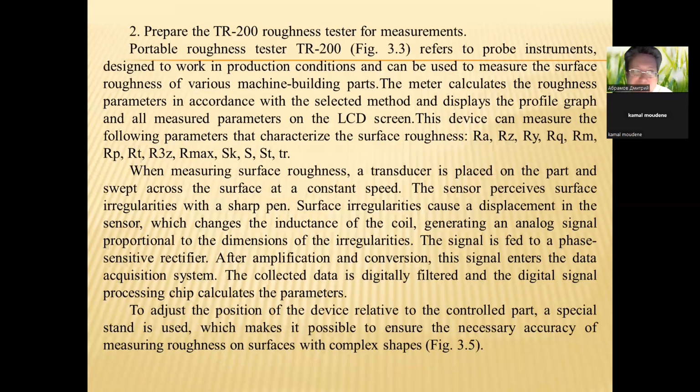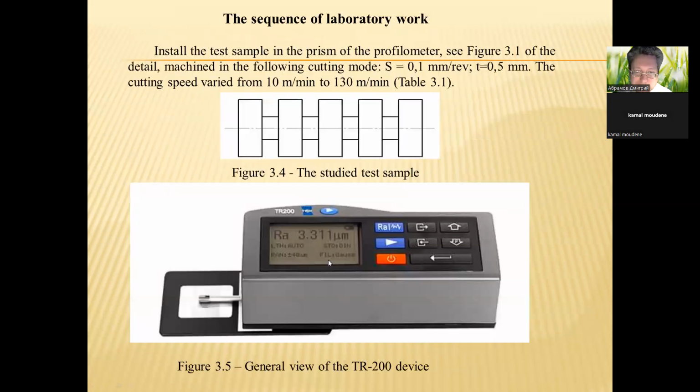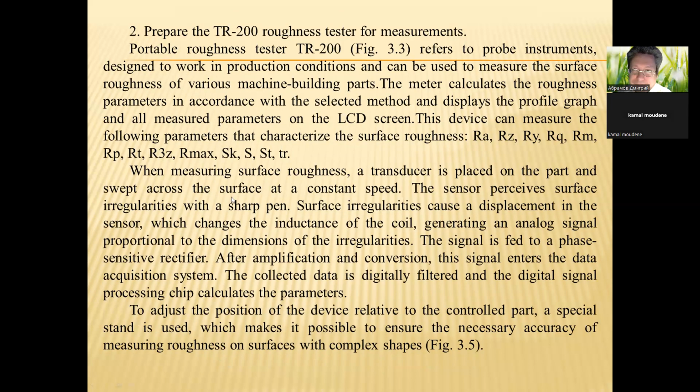Prepare the TR200 roughness tester for measurements. The portable roughness tester TR200 that you can see in figures 3.3, 3.5 and 3.6 refers to probe instruments designed to work in production conditions and can be used to measure the surface roughness of various machine building parts.